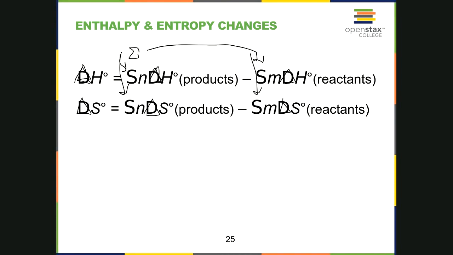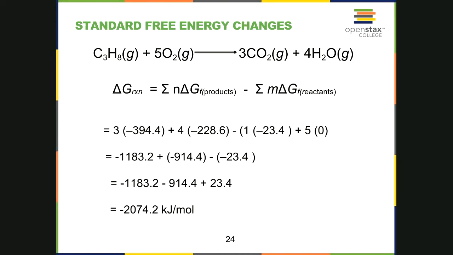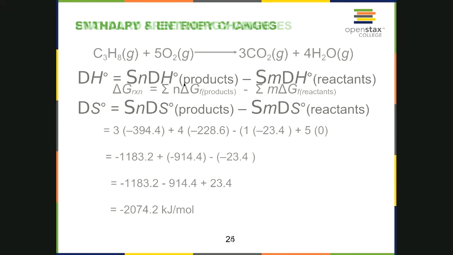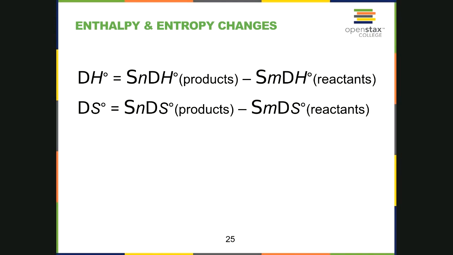So these equations look like what we had on the previous slide for formation. It looks like that, except you can do it with the standard formations for enthalpy and the standard formations for entropy. So going back to this slide, that's what we're doing there.